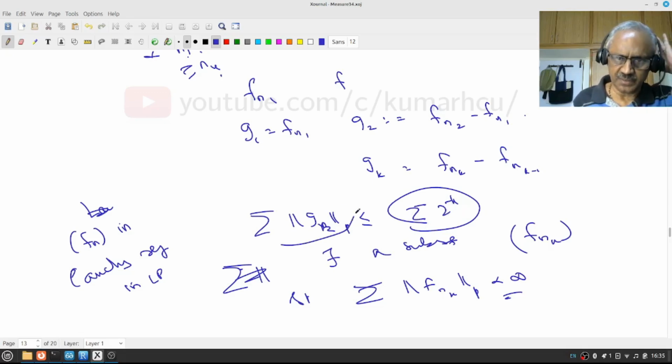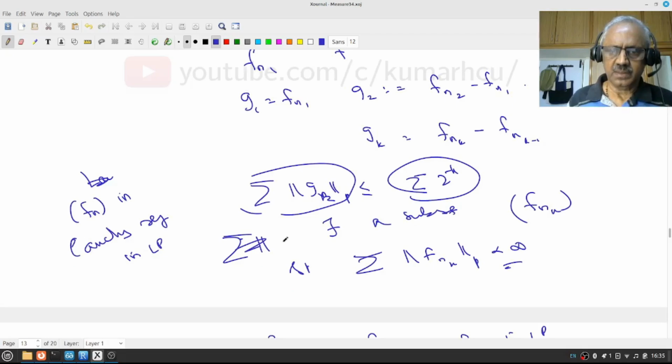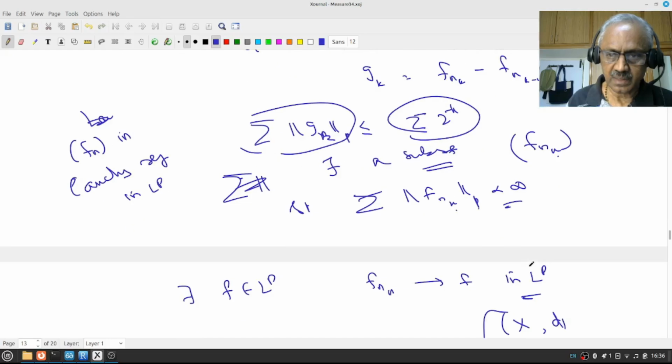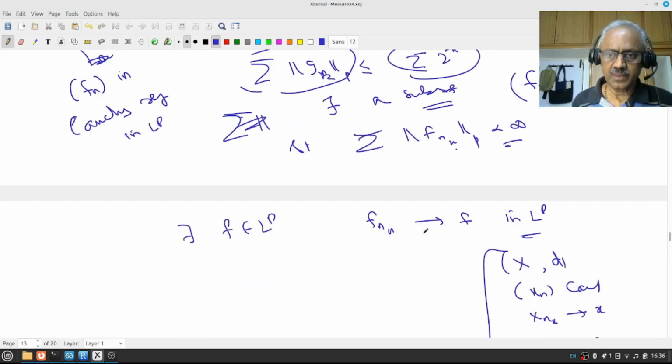Therefore, this is convergent. Now, let's go back to the just now proved result. Since this is convergent, there exists a subsequence fnk such that the sum of LP norms is convergent. Therefore, by the last result, there is an f in LP such that fnk converges to f in LP.